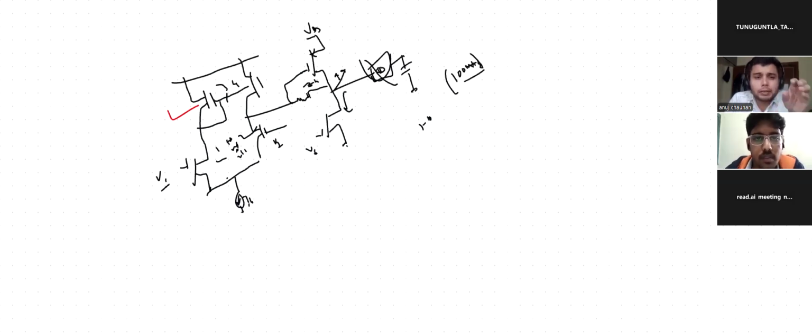Have you ever thought about the importance of the gm of 3 and 4, or is it just set by your current and whatever overdrive you designed for, or is there any importance for gm 3 and 4 in the picture?